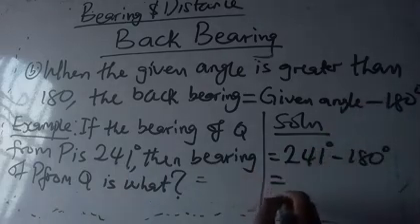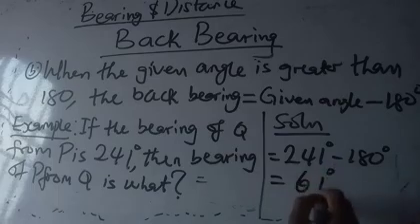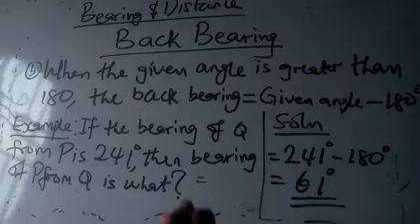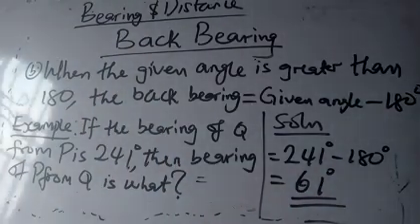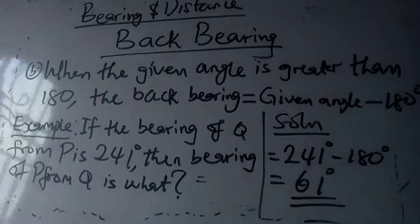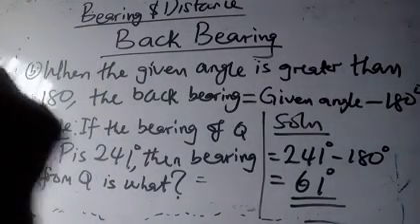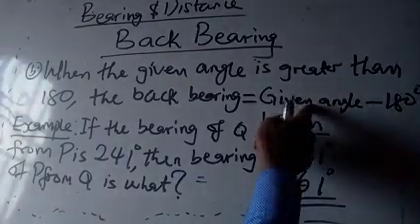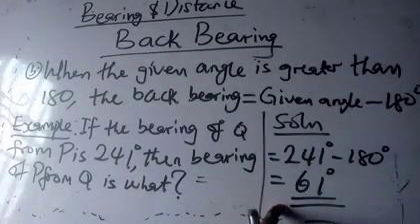What would that give us? 61 degrees. So whenever the bearing given or the angle given is greater than 180, we remove 180 from it to give us the back bearing.